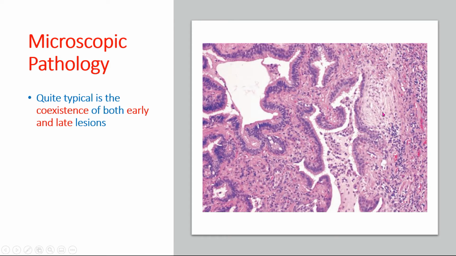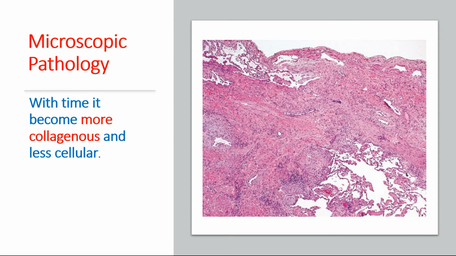Here is the fibroblast trying to form the collagen. And here, after forming the collagen, it changes into fibrocyte. You can see this band of collagen, and between the collagen bands you can see the flat fibrocyte.